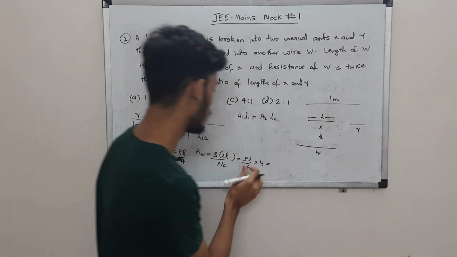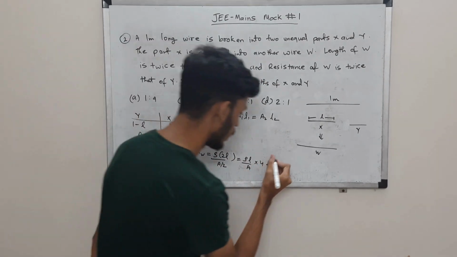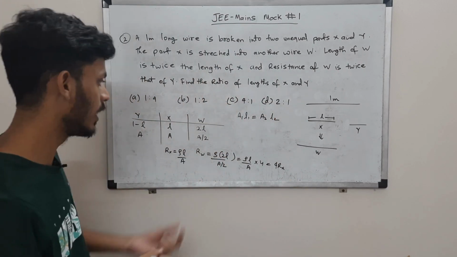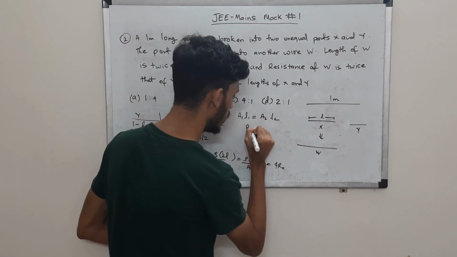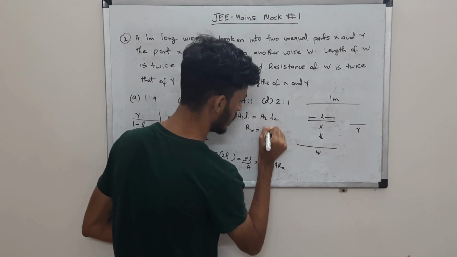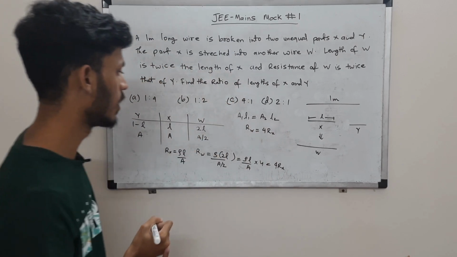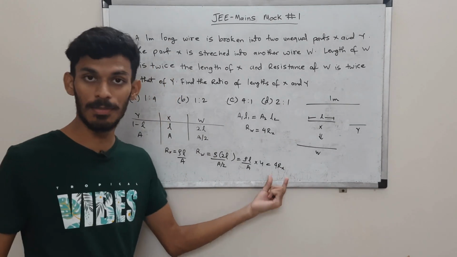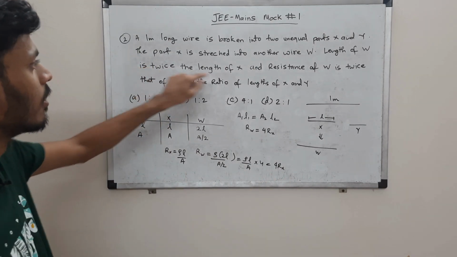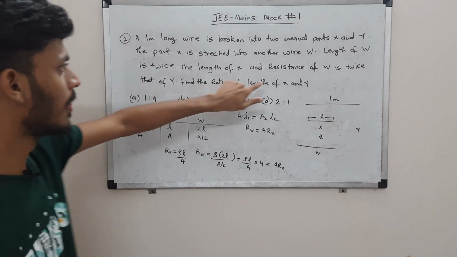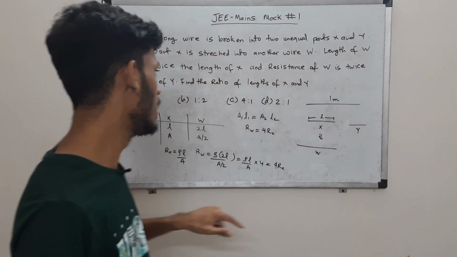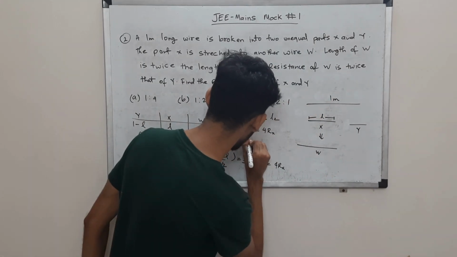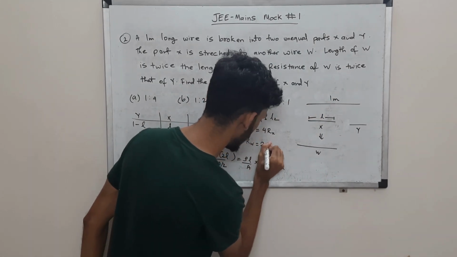This rho L by A is nothing but the resistance of X, so 4 times the resistance of X. So basically the resistance of W is 4 times the resistance of X, and in the question we are told that the resistance of W is twice the resistance of Y.